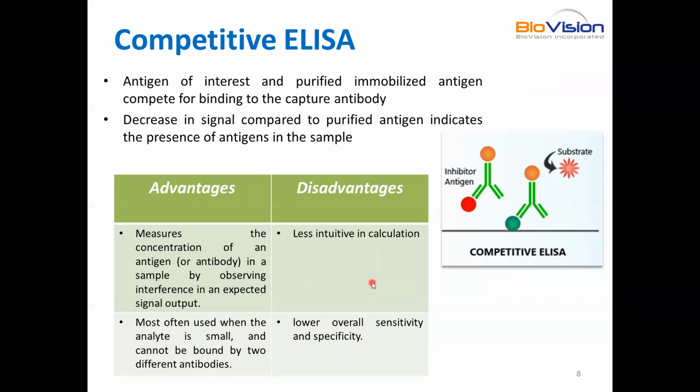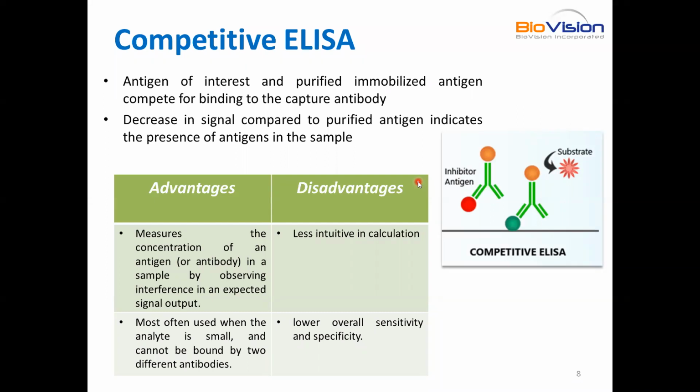The principle of this format is the antigen of interest and purified immobilized antigen compete for binding to the capture antibody. So that means the purified antigen is immobilized onto the surface of the well, and it competes with the target protein or the antigen of interest present in the sample.